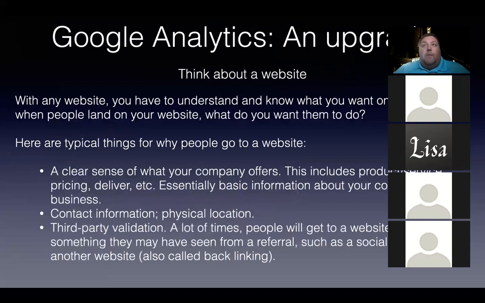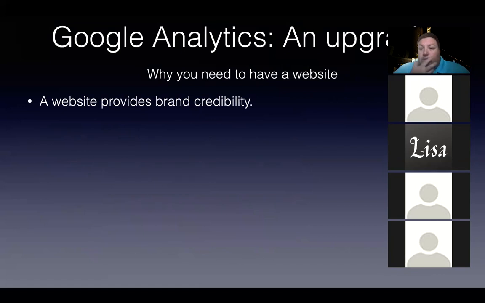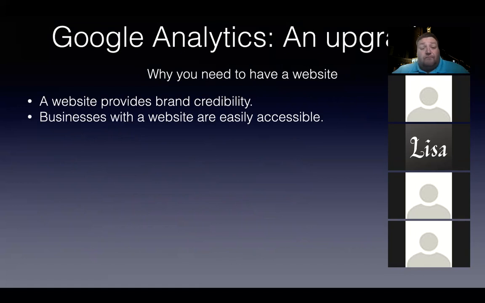So you think about a website, and we just kind of mentioned this. A website provides brand credibility. People will, if they're looking through a business and they find it through social media, they'll go to a website to verify that you're actually a business. Businesses with a website are easily accessible, meaning that's a way to connect to potential consumers.